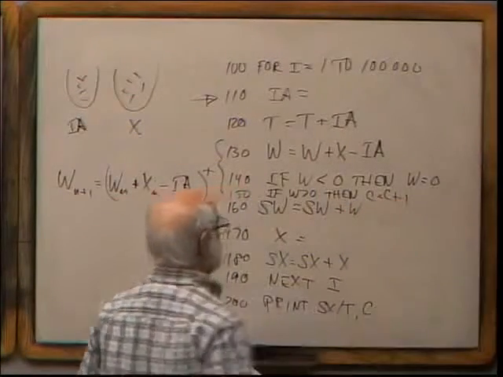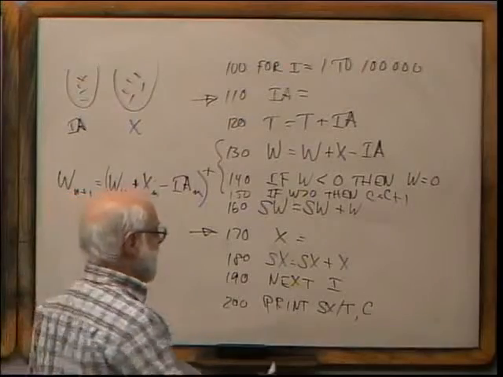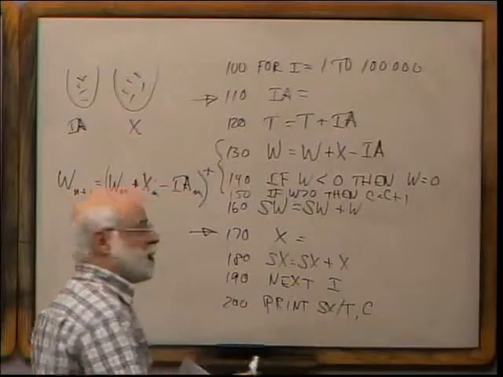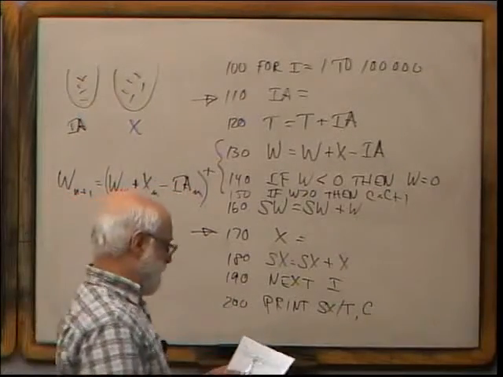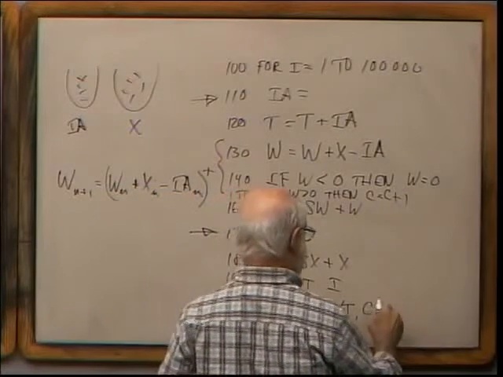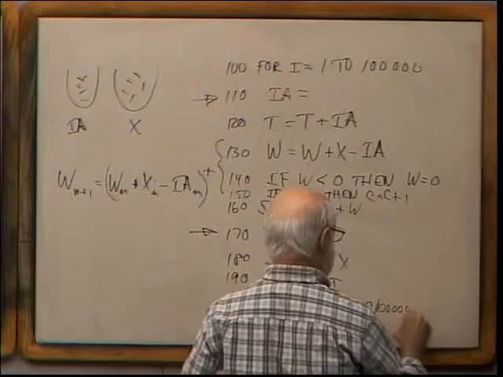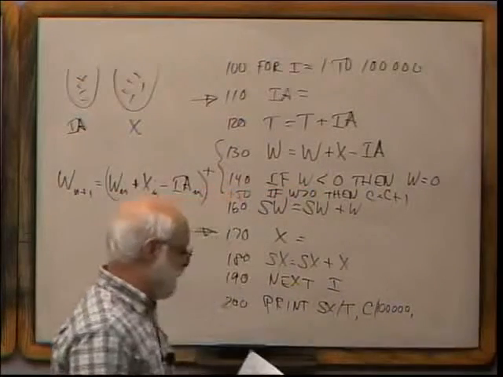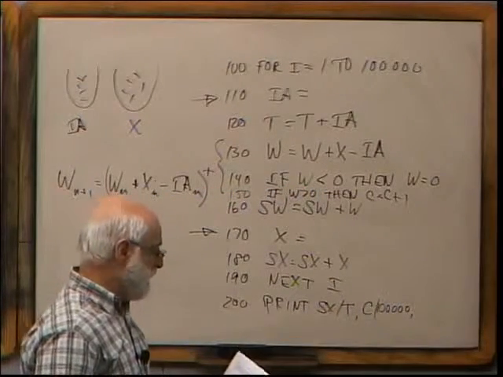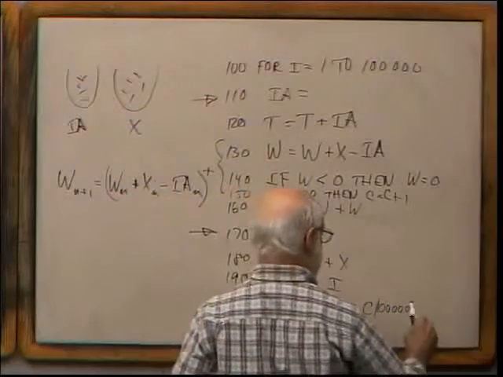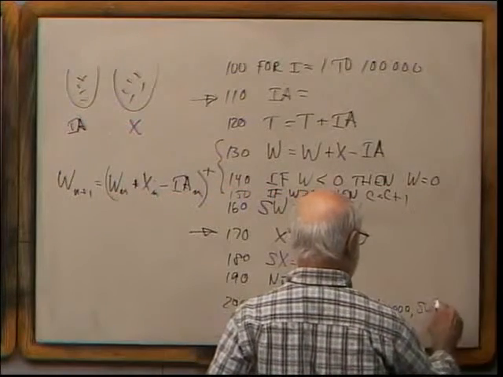Down here, I calculate C, the total number of customers who had to wait, and I'm going to divide that by 100,000, the total number of customers generated. So this is going to give me the probability of waiting greater than 0. And then I'm going to calculate the average waiting time. That's SW, the sum of all the waiting times, divided by 100,000.